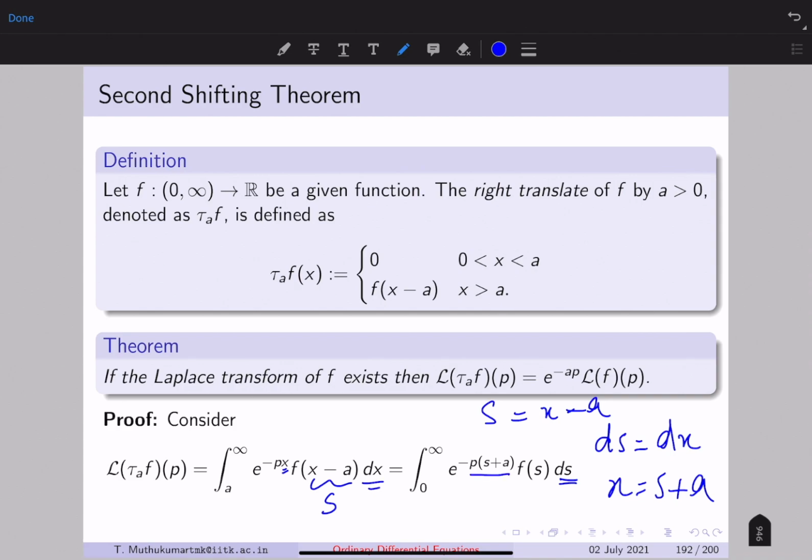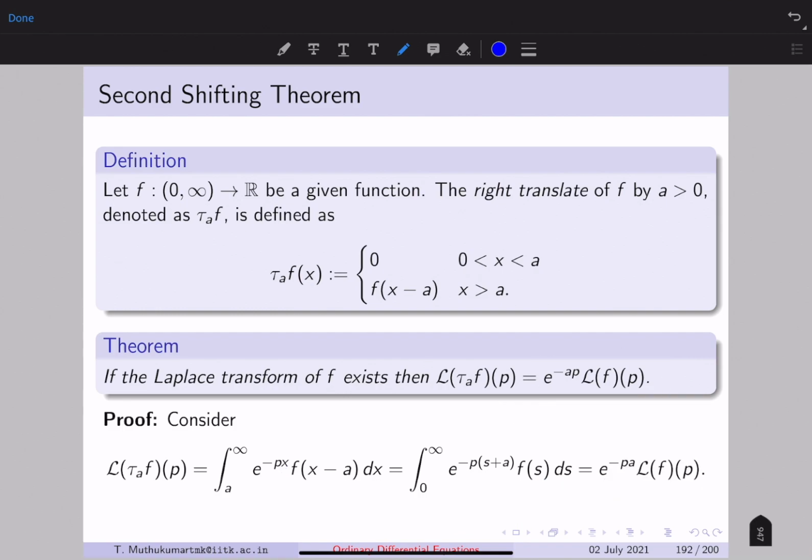Okay, and e power minus pa is something independent of the s variable, so it will come outside the integral. So what will remain is precisely this. So e power minus pa comes out. What remains is e power minus ps f(s) ds, which is the Laplace transform of f. Okay, so that's the proof of this result.